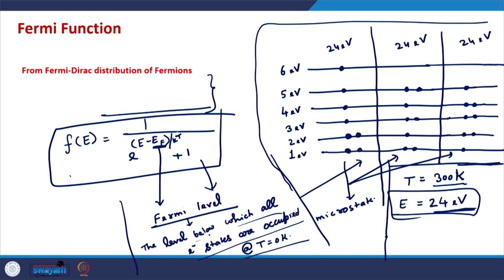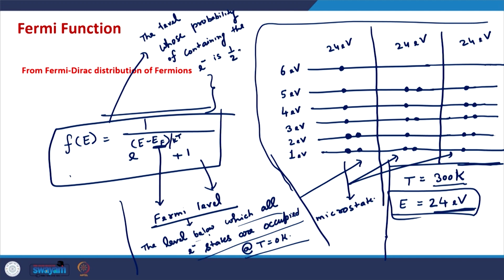It also has a factor of kT. Another definition of Fermi level is, it is the level whose probability of containing the electron is half.